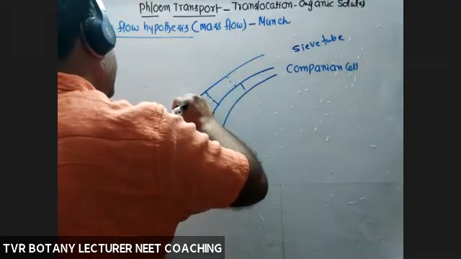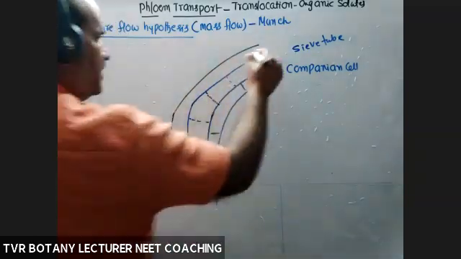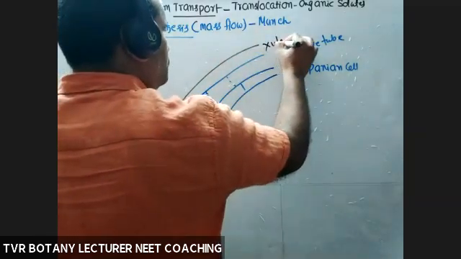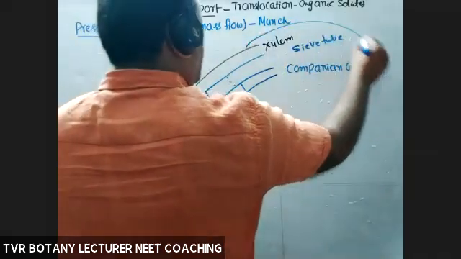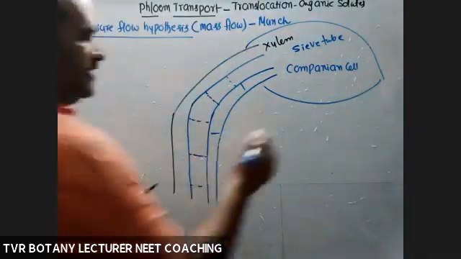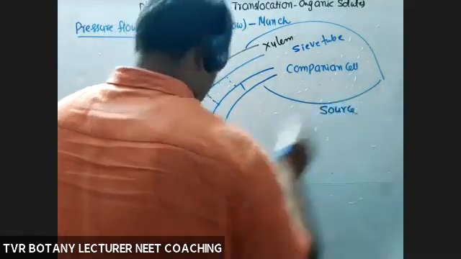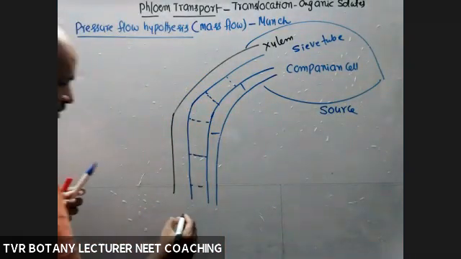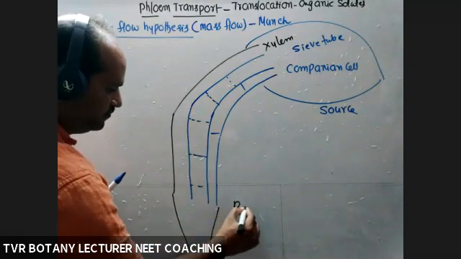So this one is a xylem part. Okay, so this is a leaf lamina. So definitely the source part, sorry. And this one is the root. For example, this one is the root part.